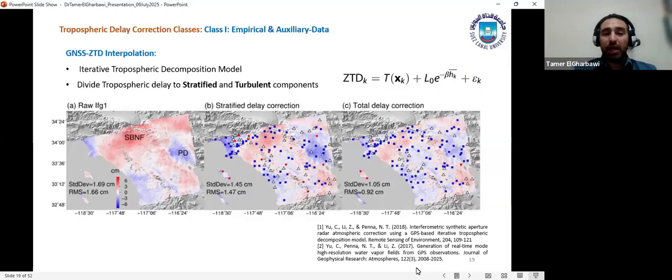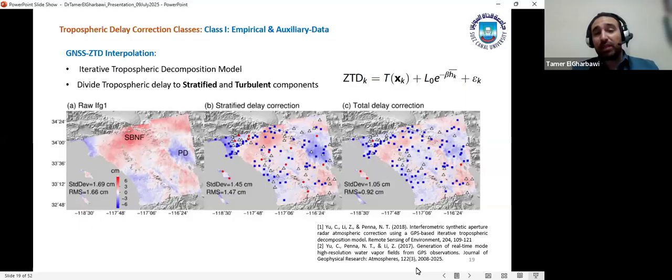This methodology has proven to be very accurate. It can bring the atmospheric delay in InSAR down to a standard deviation of a few millimeters, maybe 4 or 5 millimeters. But as I said before, it mainly depends on the density of the GNSS stations in the study region.